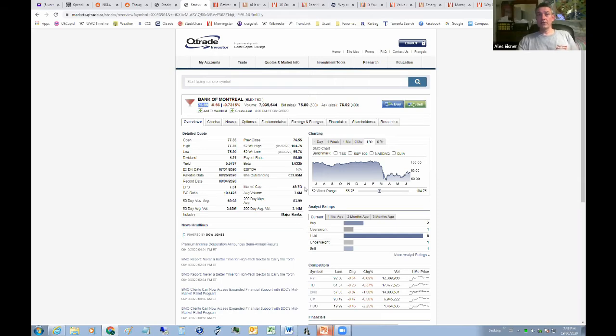Market capitalization. So Bank of Montreal, and by the way, I don't own Bank of Montreal, nor am I advocating it. So here's how much the company is worth. That would be the shares outstanding here times the 76 bucks per share, that multiplies out to this.